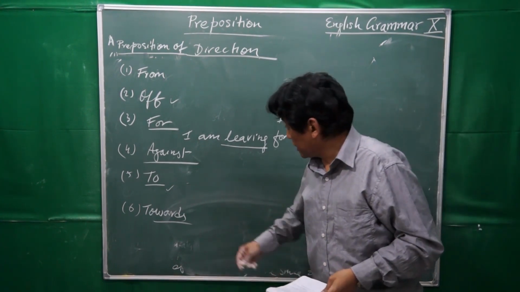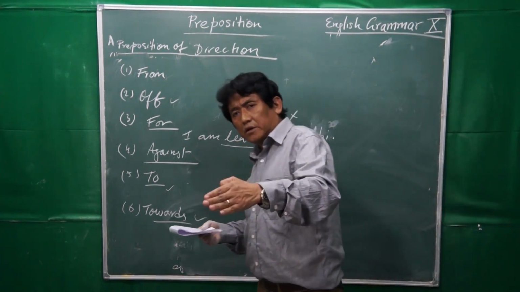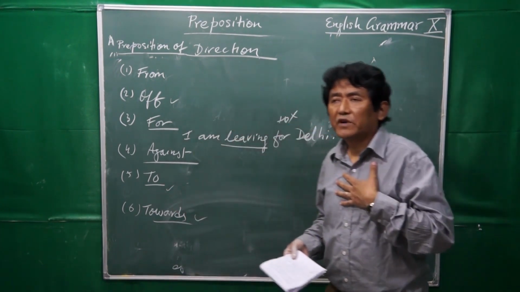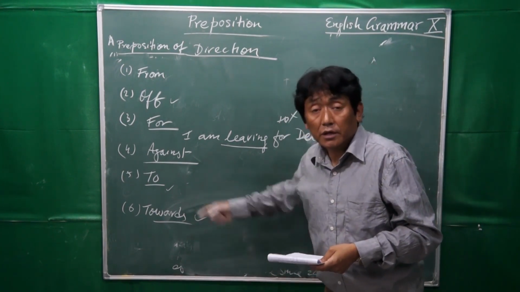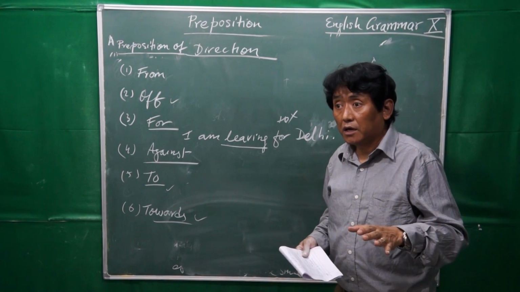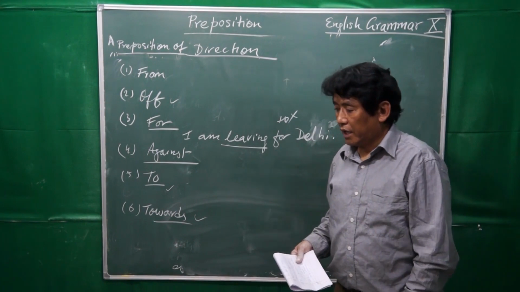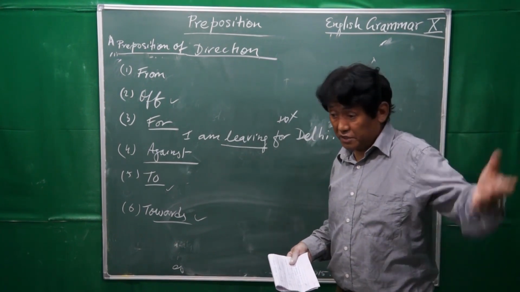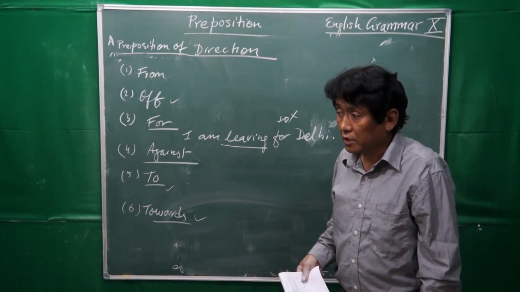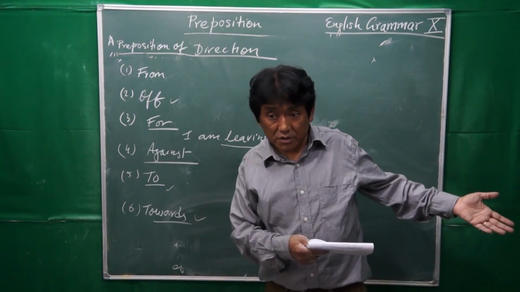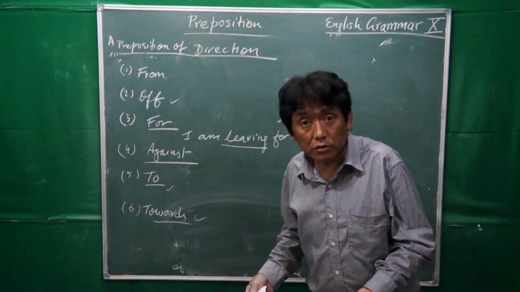Whereas towards shows the direction of something. Supposing I say that I'm going to the school, that is the to. Now towards means, supposing our school canteen is behind the school, and somebody is looking for me, and somebody else says that he has gone towards the school.